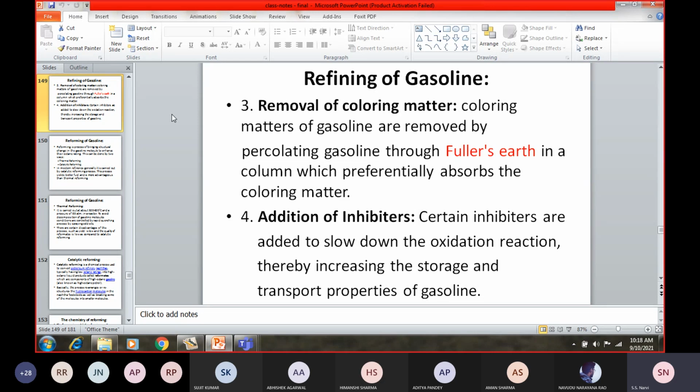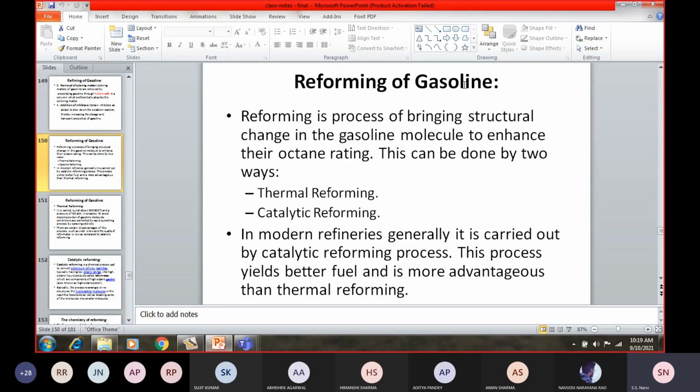But now, since leaded petrol has been banned completely, we cannot use tetraethyl lead as a free radical scavenger, and therefore one has to modify the structure of the gasoline molecule in order to have better combustion characteristics or better octane rating. This we are doing with the help of the process known as reforming of gasoline.